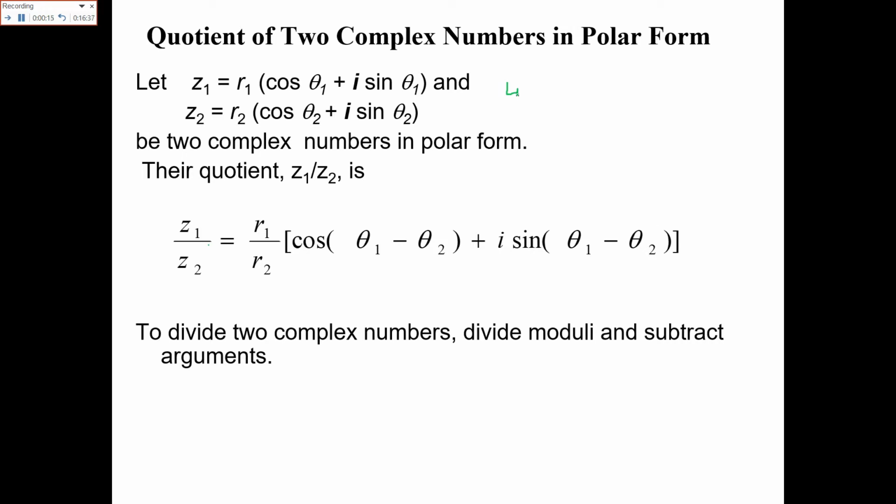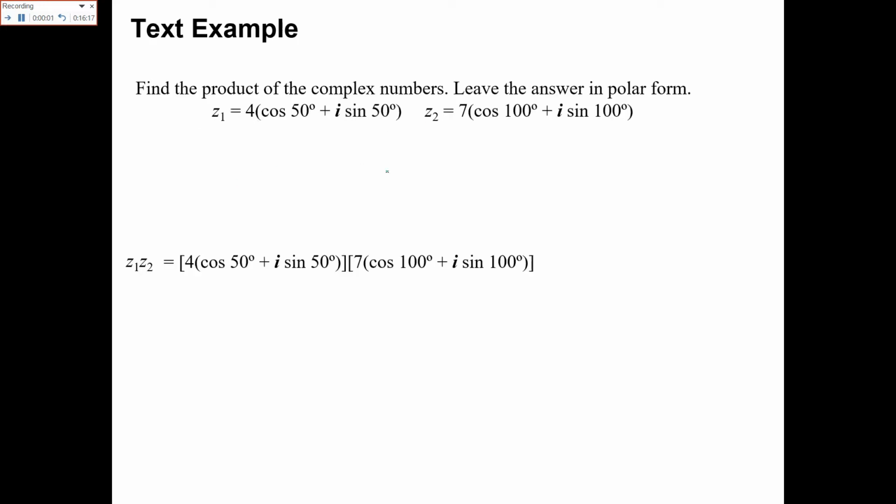We'll see the previous example like this. There are basically two numbers z1 and z2 and you are asked to basically divide them, z1 over z2. So how will find z1 over z2? This is z1 and this one is z2.